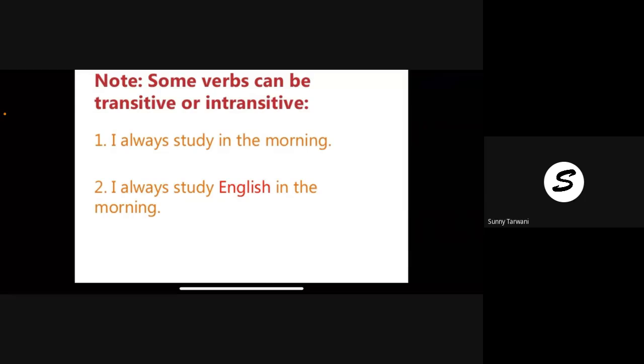When you say transitive or intransitive, you are not talking about the sentence. We are talking about the verbs, because the name of the lesson itself is the verb. So the first one is an intransitive verb and the second one is a transitive verb. Okay, next.